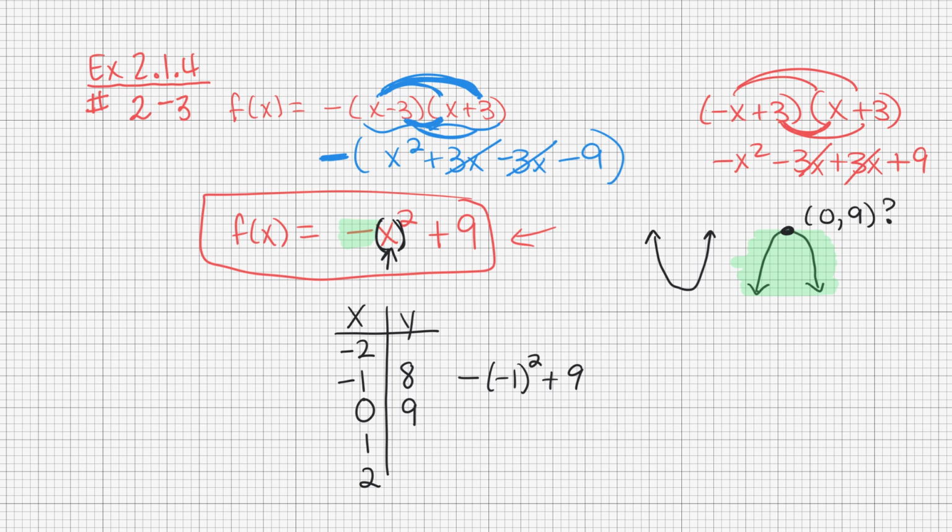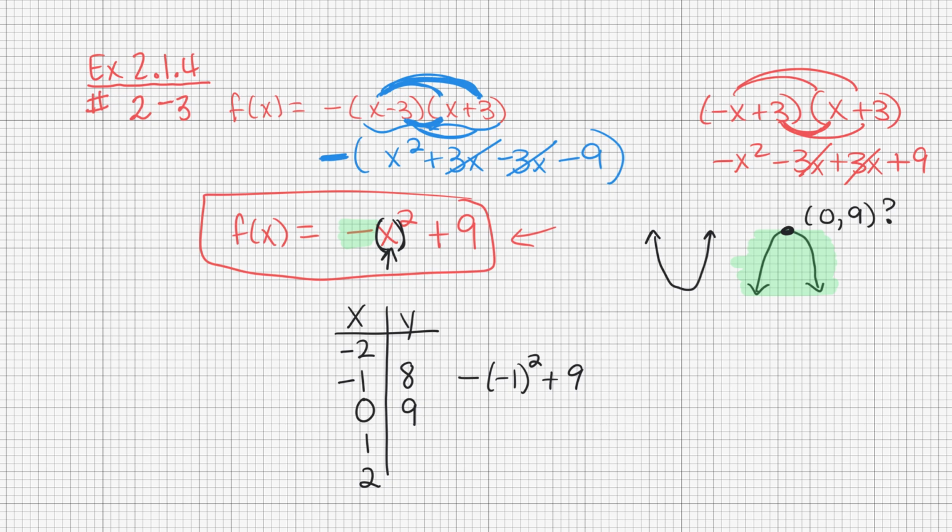So, again, negative 1 squared is 1. And then 1 times negative 1 is negative 1. And then negative 1 plus 9 is 8. What would we get if we plug in positive 1?